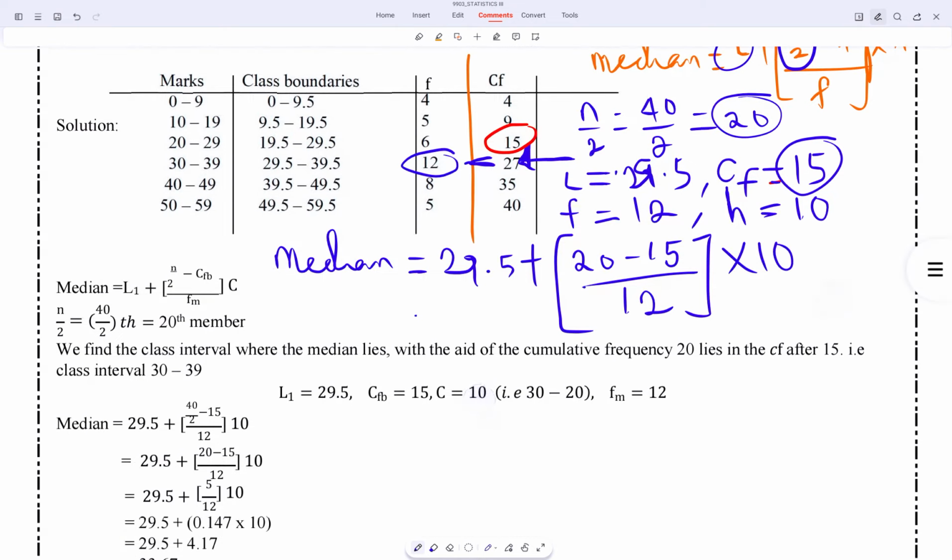Multiply by 10. So this is gonna give us what? So this is gonna give us 29.5. So 29.5 plus 20 minus 15, that's 5 over 12, multiply by what? By 10. Are you seeing that now?